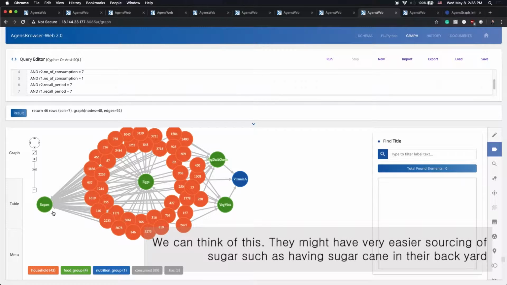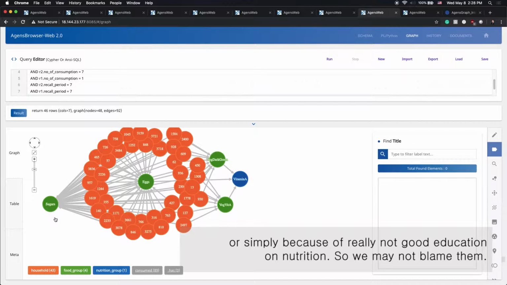But we can think of this: they might have easier sourcing of sugars, such as sugar cane in their backyard, or simply not very good education on nutrition.